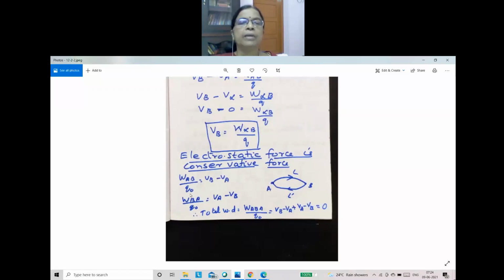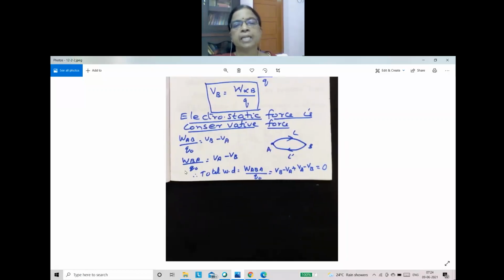Work done per unit positive charge from A to B is VB minus VA. Then the work done to bring the unit positive charge from B to A will be VA minus VB, the negative of this. So the total work done will be 0 when we add both.